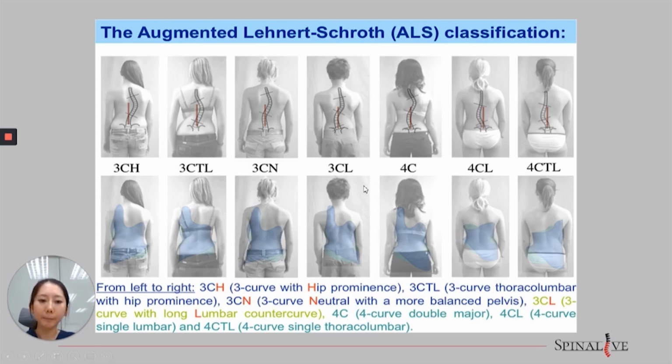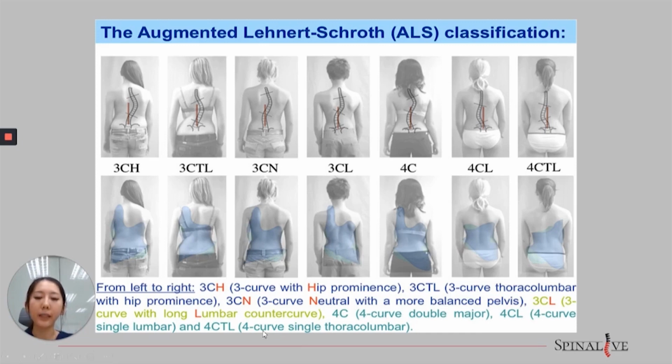So the third one would be 3CL. So 3CL means 3 curve with a long lumbar counter curve. So you may see from this area. And the fourth one would be a 4C curve, meaning there's equally big both thoracic and lumbar spine convex curve. 4CL meaning a 4 curve, a single lumbar curve with a mild thoracic compensation or no thoracic compensation.